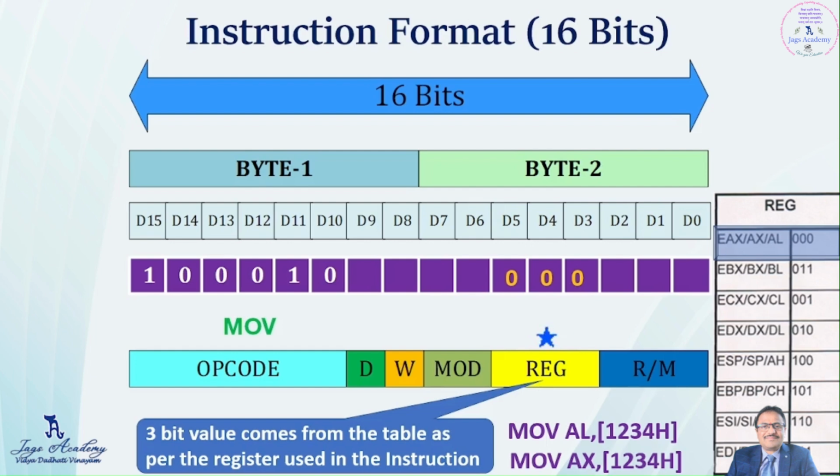These are values given by the Intel company itself. The people who have designed this microprocessor, they only give this, because this is the one which generates your machine instruction. That's how machine instructions are understood by the microprocessor. It is designed according to the microprocessor control unit.